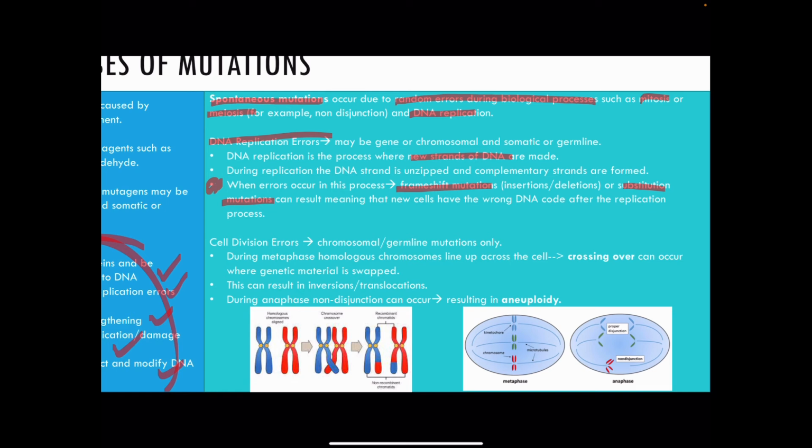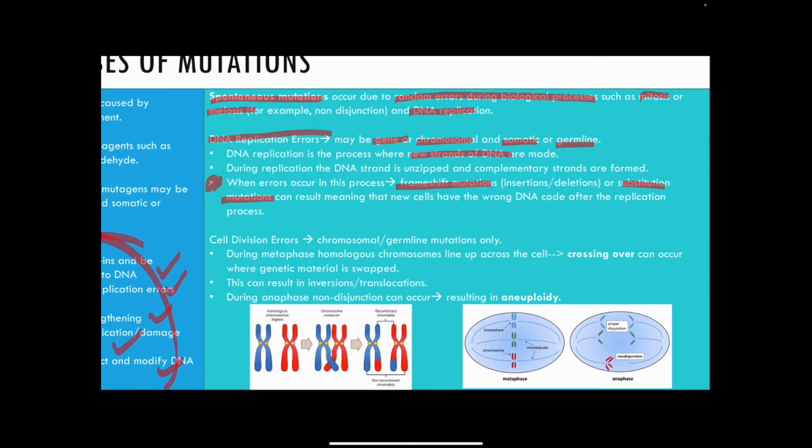DNA replication errors can be either gene or chromosomal, and then somatic or germline. So they can occur in both types of cells, and at either the gene or the chromosomal level.